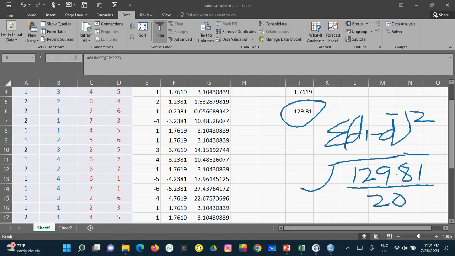And so when we do this, that's when we are going to get the standard deviation. We are just doing everything here before we start so that it will be easier for us.